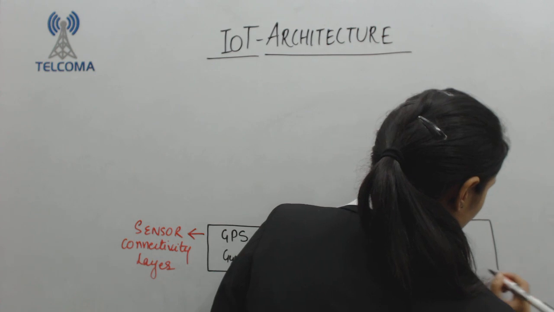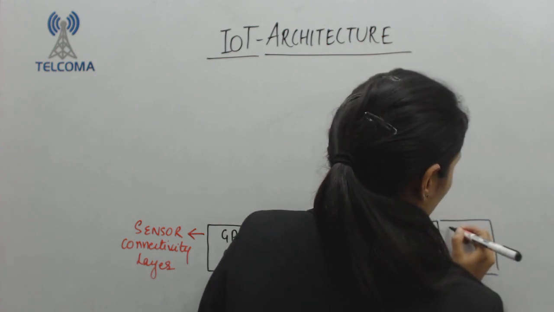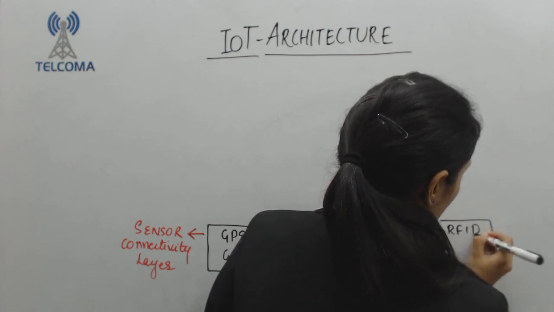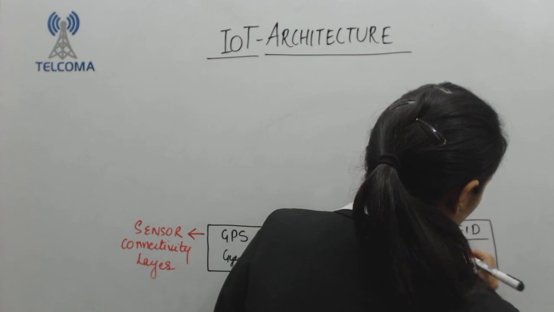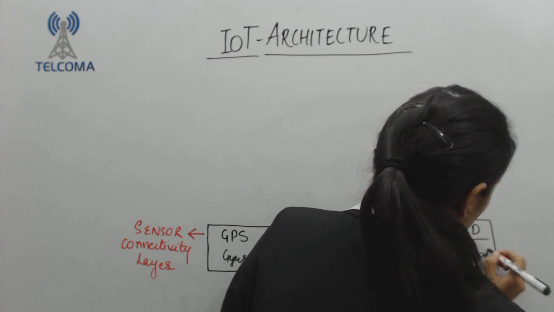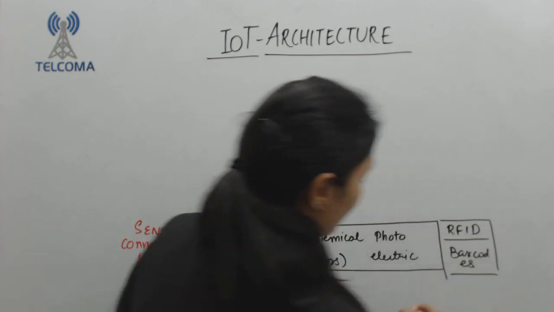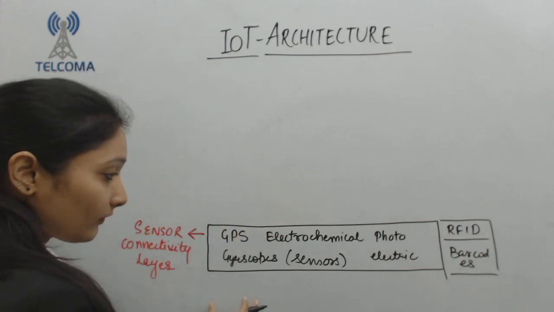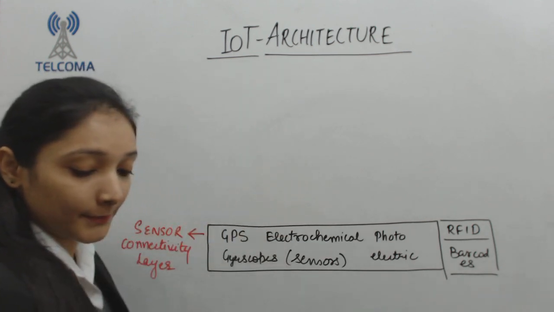And it will have your RFIDs also, like your radio frequency identification and your barcodes. Now, this will be the first layer here.